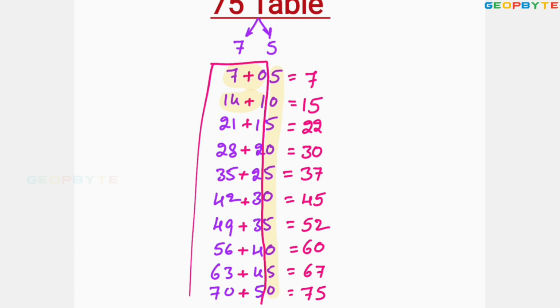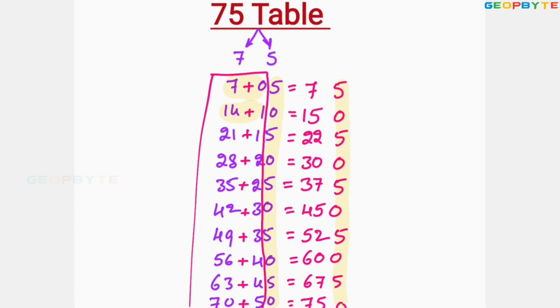Put them orderly like this: 5, 0, 5, 0, 5, 0, 5, 0, 5, 0. For getting 75 table. You got your 75 table very easily. I hope you got my point.